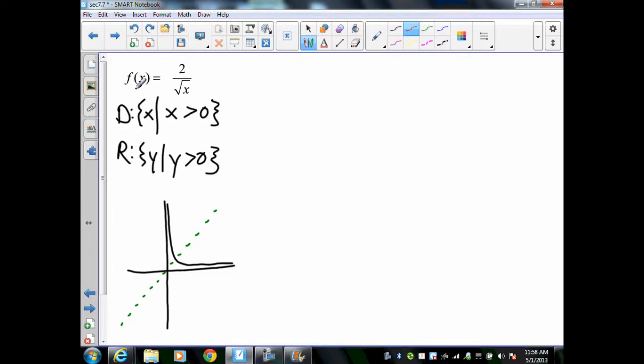Let's determine the inverse. I'm going to substitute in y for f of x, and that gives me 2 over the square root of x. Switching my x and y's, x equals 2 over the square root of y. That gives me x square root of y when I multiply by the square root of y on both sides. That equals 2.